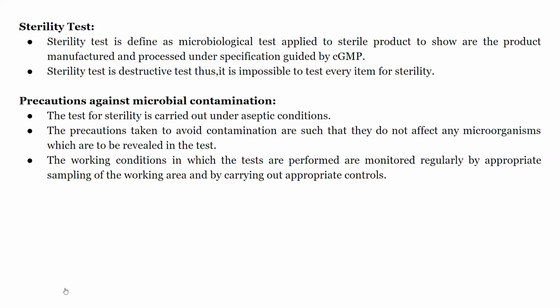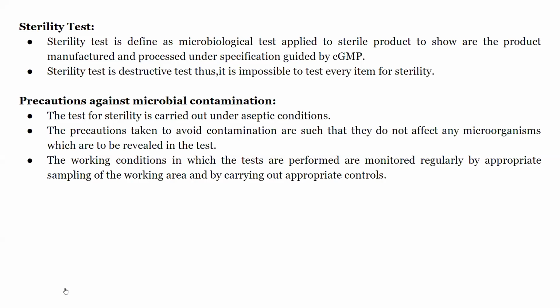Sterility test is defined as a microbiological test applied to sterile products to show that these products are manufactured and processed in accordance with the guidelines of current GMP. So current GMP also specifies the sterility requirement of sterile products. The next point to be considered in the sterility test is that it is destructive in nature.